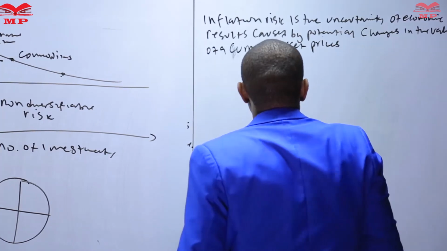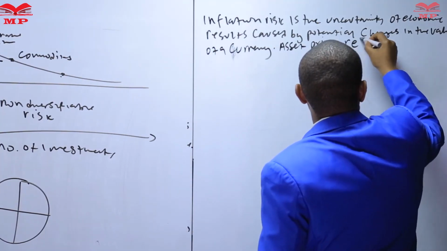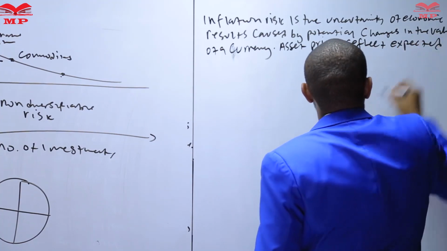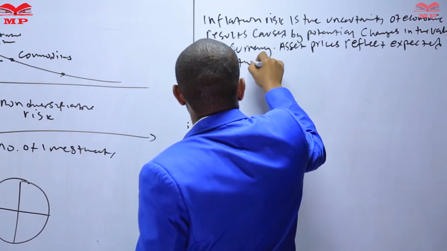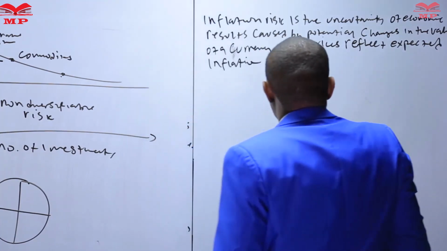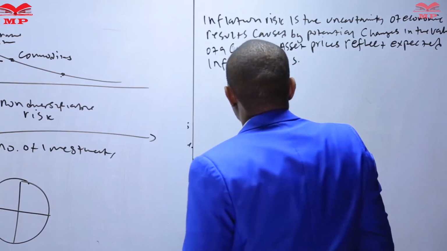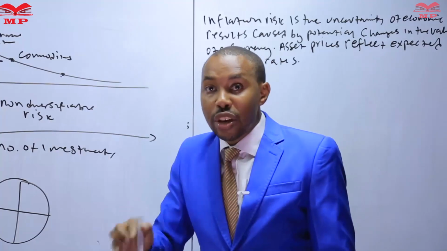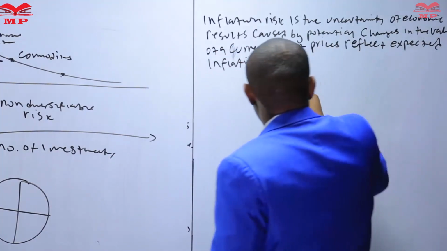asset prices reflect expected inflation rates. So commodities tend to provide protection in two specific ways. So that's what we need to identify.